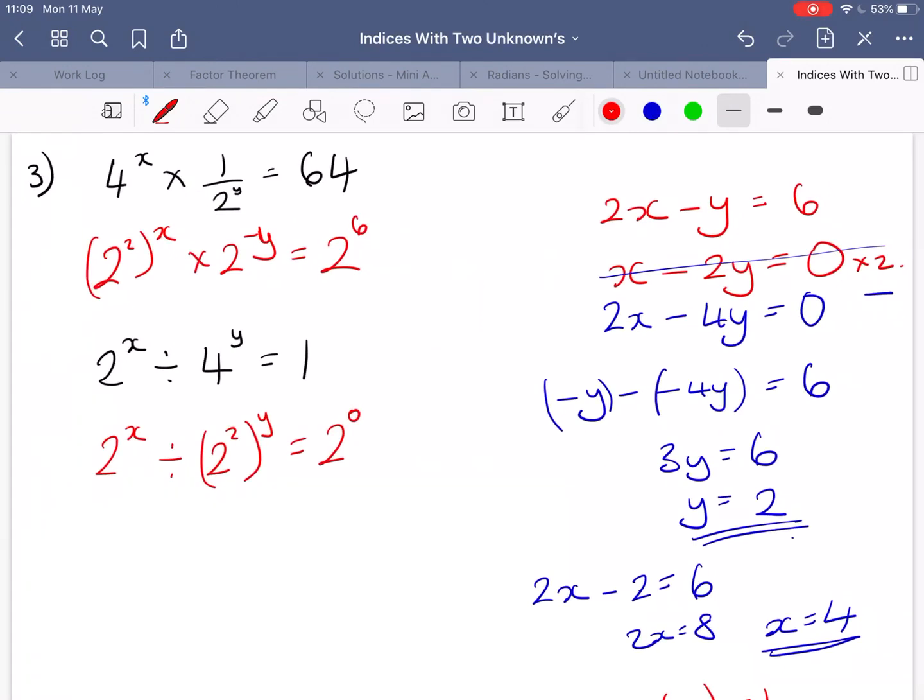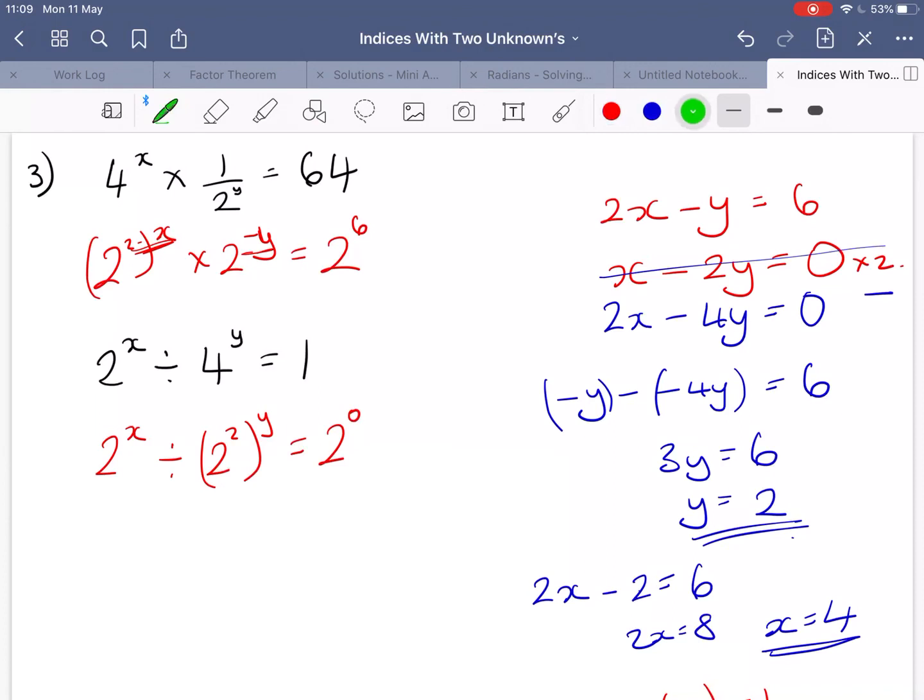Right, number 3. So 4 to the power of x is the same as 2 squared to the power of x. So that's 2 to the power of 2x. 1 over 2 to the power y is the same as 2 to the power minus y. So the first equation I get is 2x add minus y, so I just write that as 2x minus y equals 6.